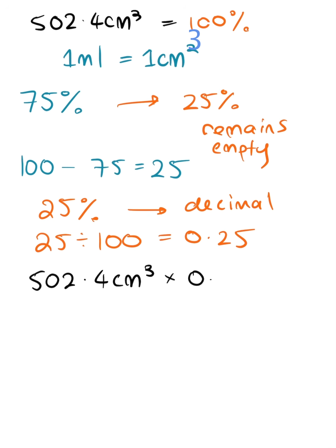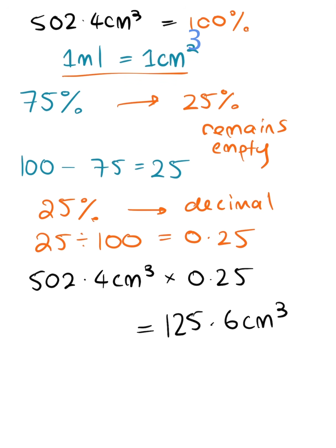And now all that's left is to multiply 502.4 centimeters cubed by 0.25, leaving us with a total of 125.6 centimeters cubed. And remembering that 1 milliliter is the same as 1 centimeter cubed, that's going to leave us with 125.6 milliliters.